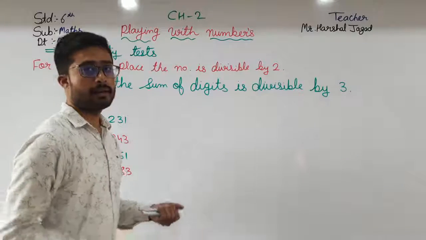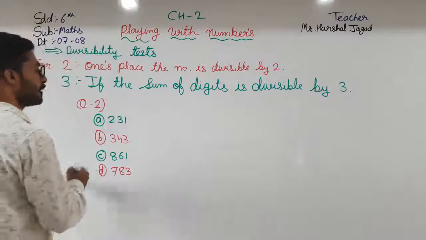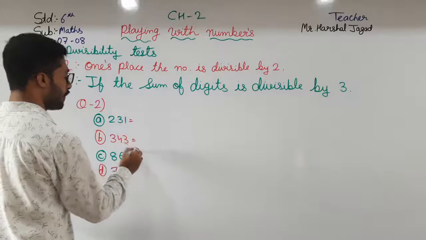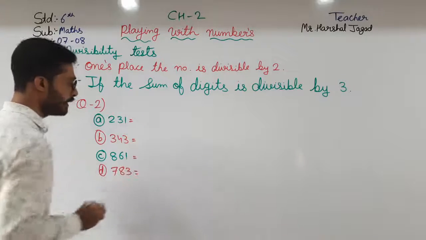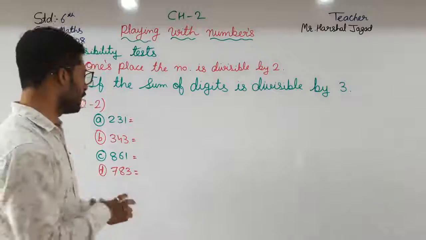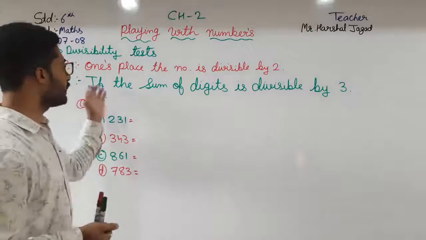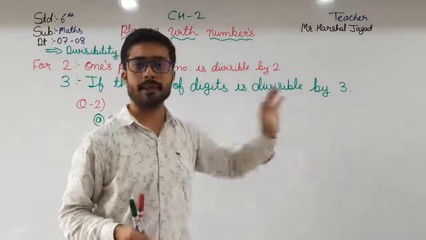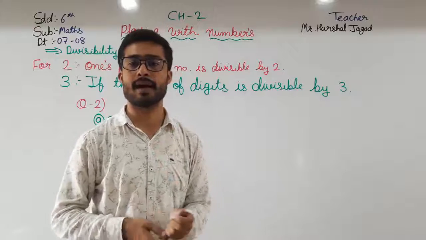Let us check whether these numbers are divisible by 3 or not. If the sum of the digits is divisible by 3, then that number is divisible by 3.